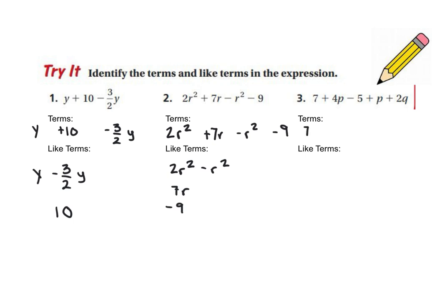I have 7, I have a plus 4p, I have a negative 5, a p, and a 2q. So like terms, I see that I have a 4p and a positive p. I have a 7 and a negative 5, and I have a 2q.